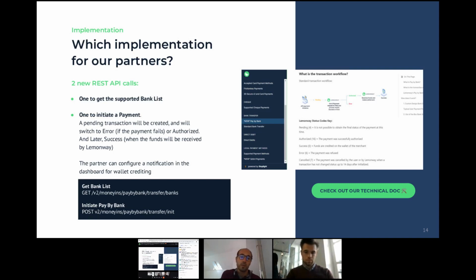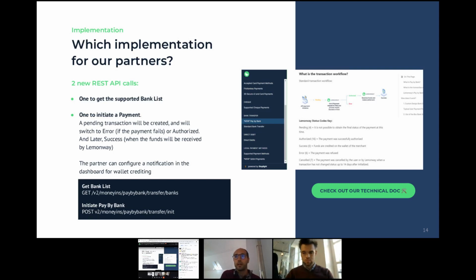He will be able to strongly authenticate, and then we will send you a notification on a webhook URL. The webhook URL, you specify it on the second API call, the one to initiate the payment. So you will send us a webhook URL, and we will send you a notification about the status of the transaction.